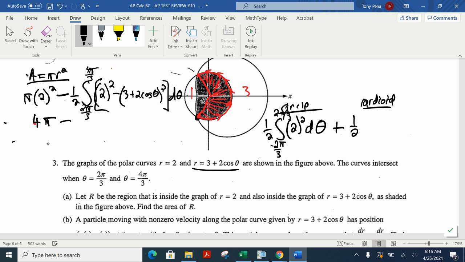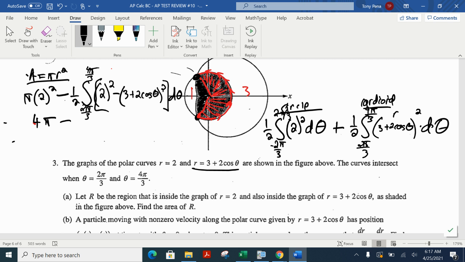So that's going to now be 1/2, and then again, you're going to do your r squared, so we know that's going to be the 3 plus 2 cosine theta, d theta. And then we would want everything in here. So the cardioid is bounding us from the 2 pi over 3 through the 4 pi over 3, all the way through here.